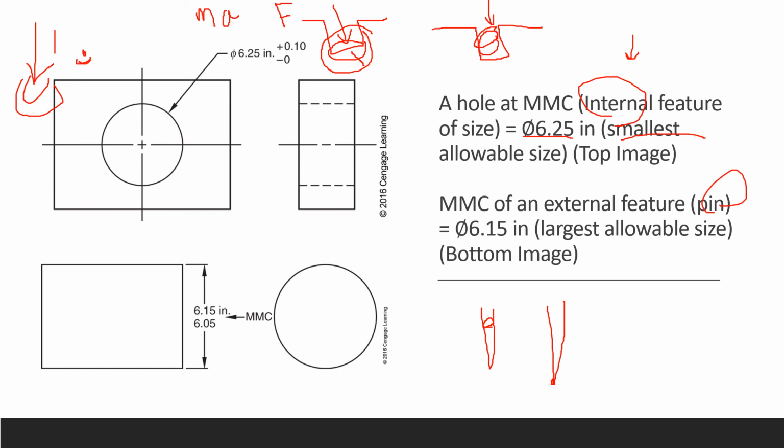That pin is the largest allowable size. It can go over that. Why? Because we're dealing with an external feature. It's not a hole, it's a solid thing. A pin is a solid, little one. So here it's very big, 6.15 inches. That's going to be your largest allowable size, and this is your diameter.